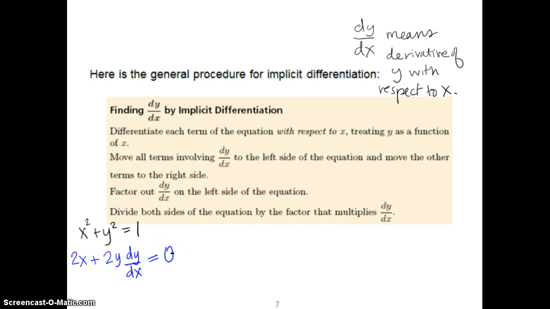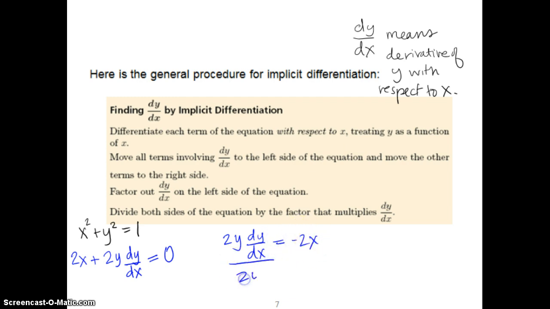So the whole purpose of this, dy dx is an unknown. We don't know what that is. So now we want to solve for dy dx. We move everything to the left side, so we get 2y dy dx is equal to negative 2x.